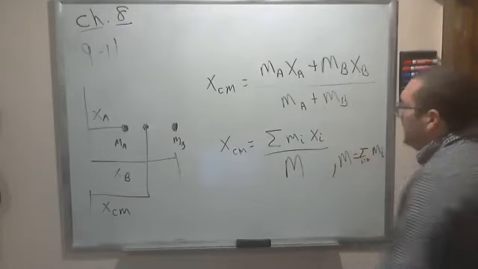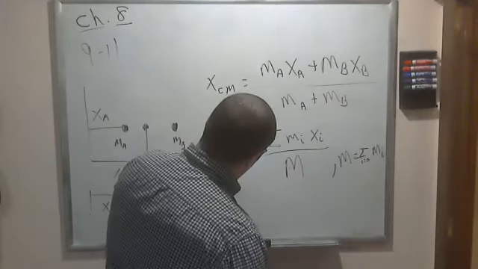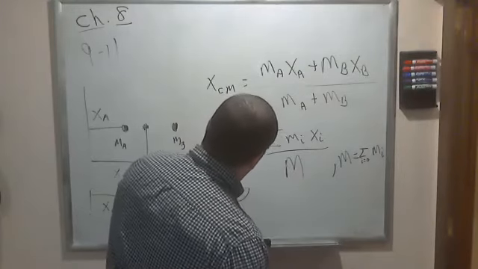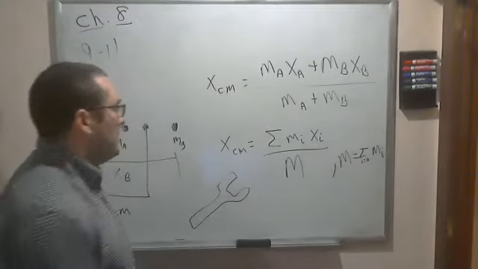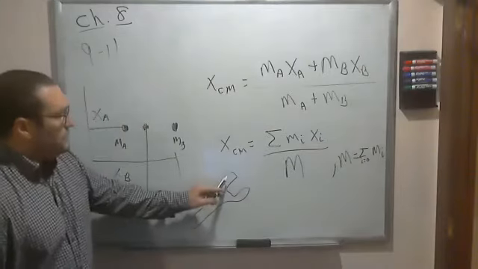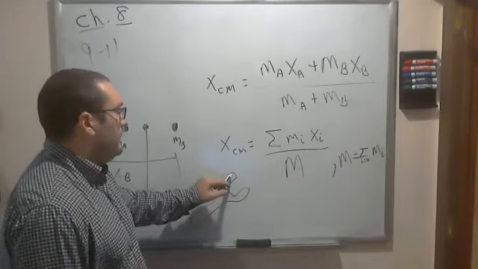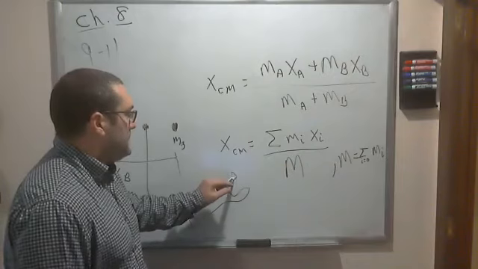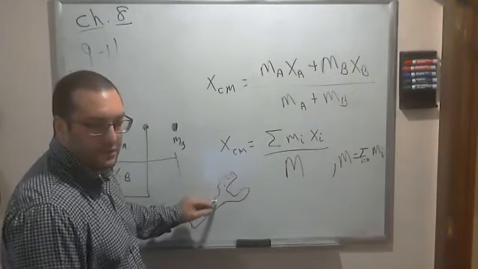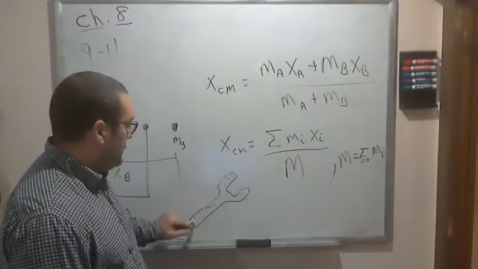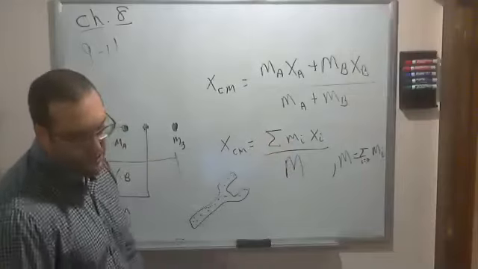Right? And let's say for the wrench, I hope you see where I'm going with this by now, since we've used calculus so much. So we break down this whole wrench into small infinitesimally sized pieces, and we sum up all these little pieces and these positions.